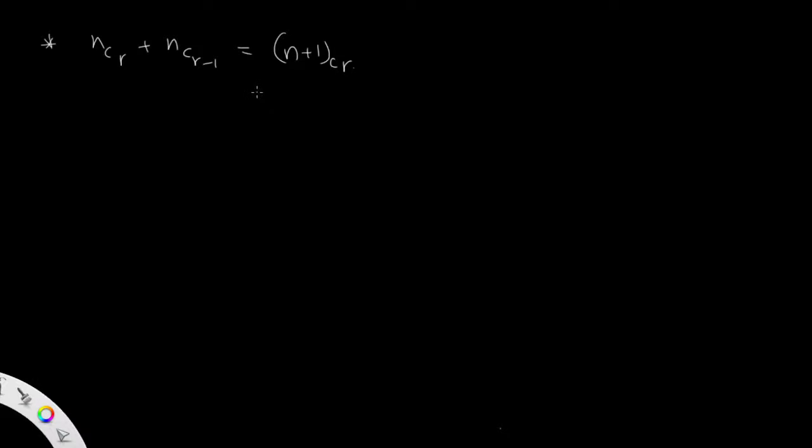Next, similarly, another formula is NCR minus 2 plus 2 times NCR minus 1 plus NCR equal to N plus 2 CR.